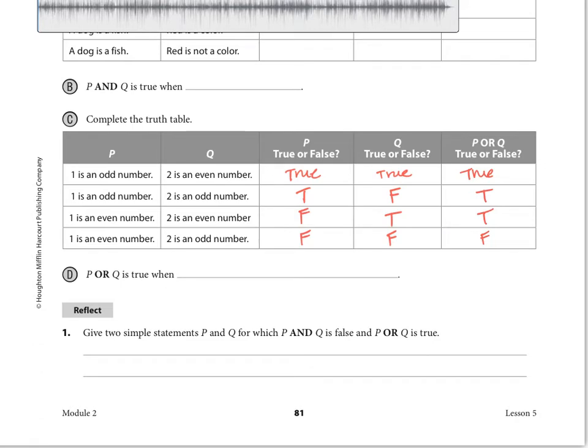So try to think about which ones are true, which ones are false, based on these two columns right here. And you can think about that, maybe even write what you think here in part D, P or Q is true when what happens.